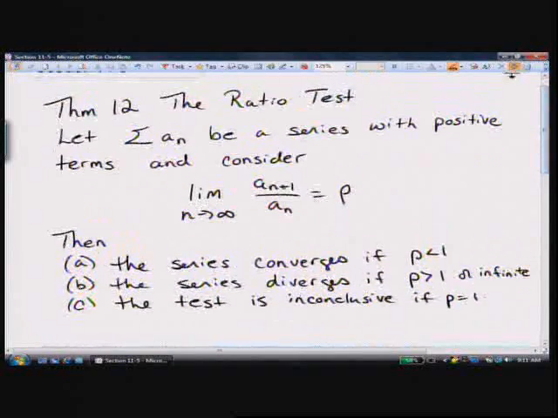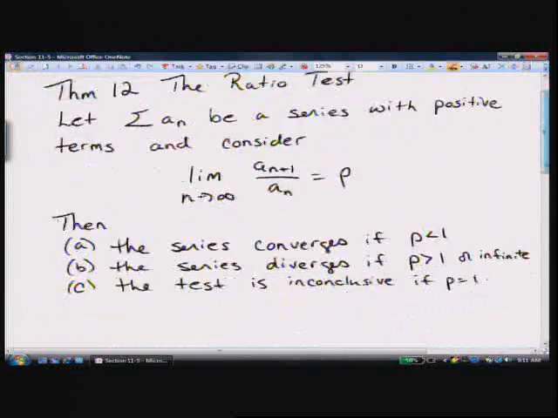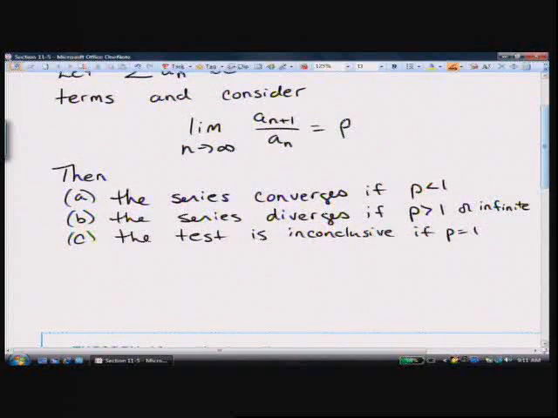Okay? So, in the end, probably tomorrow before we start, or at some point in the next lesson, I'm going to put all of these on one sheet of paper and kind of give you a strategy for when you might want to use them. But the strategy, this is a useful theorem when you are looking at series that contain factorials or expressions raised to a power of n.